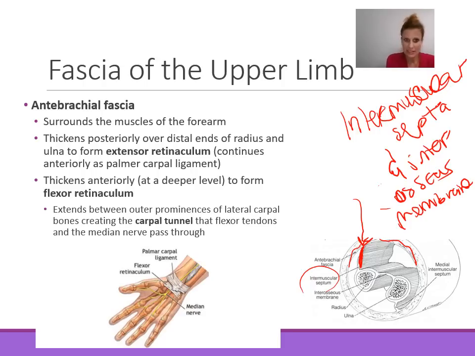When we look at this antebrachial fascia, it thickens both anteriorly and posteriorly to form the extensor retinaculum and the flexor retinaculum. So posteriorly, over the back or dorsal region of the hand, this fascia thickens and forms the extensor retinaculum.